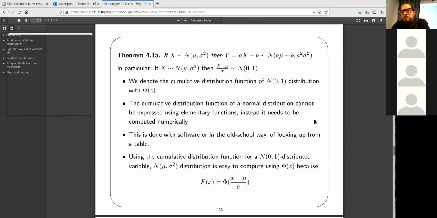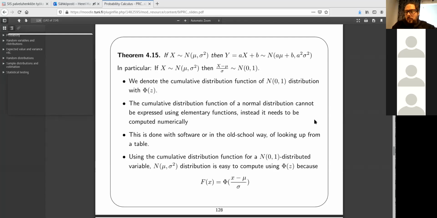And this cannot be stressed enough, that this is a highly important reason why normal distributions are used. So if you impose a linear transformation on it, subtract something, multiply it by something, the resulting variable after this transformation will have a normal distribution.